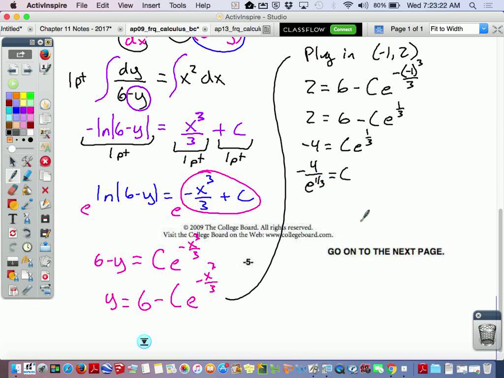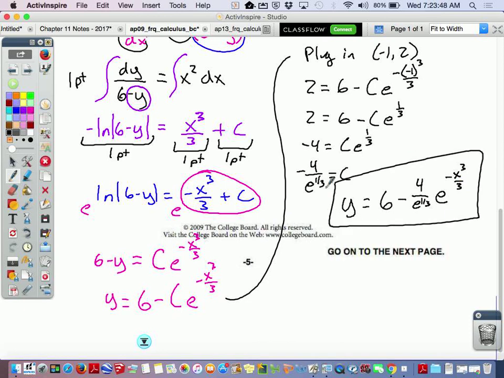That seems super weird, but that is our c value for this. So we can now rewrite our final answer as y equals 6 minus 4 over e to the 1/3 times e to the -x cubed over 3.